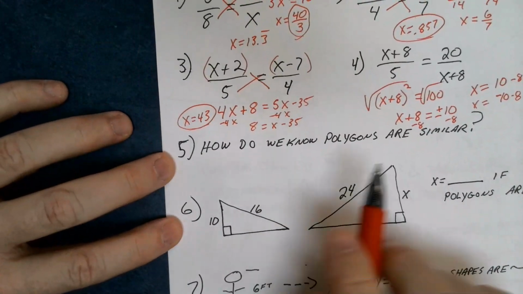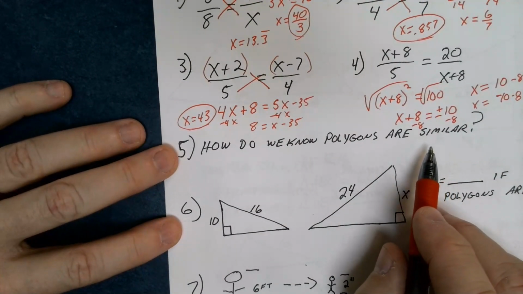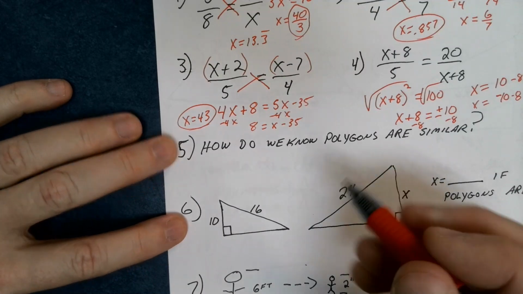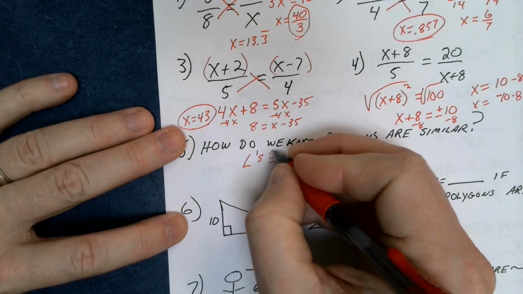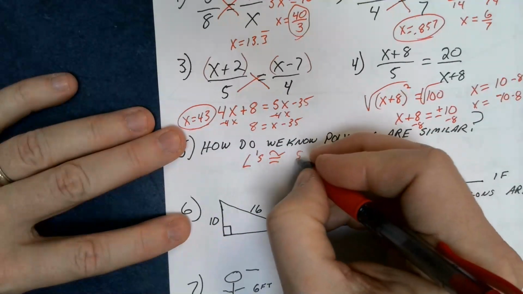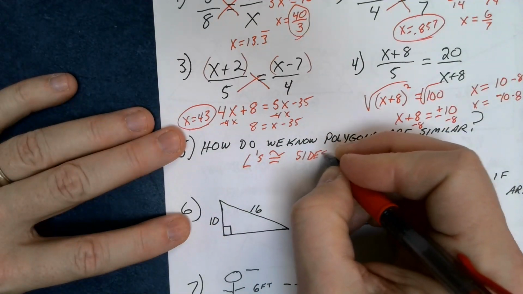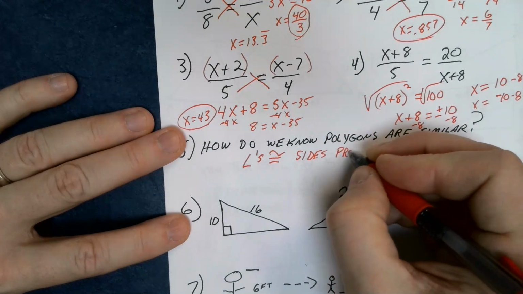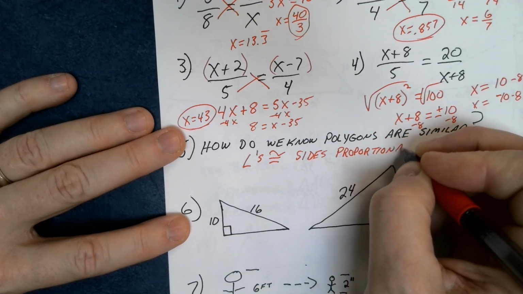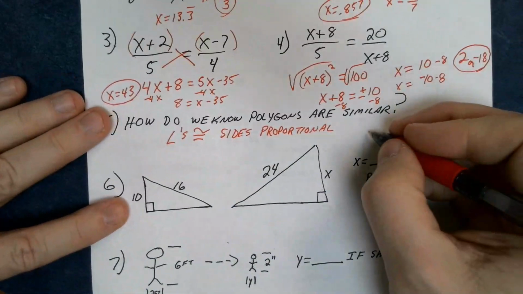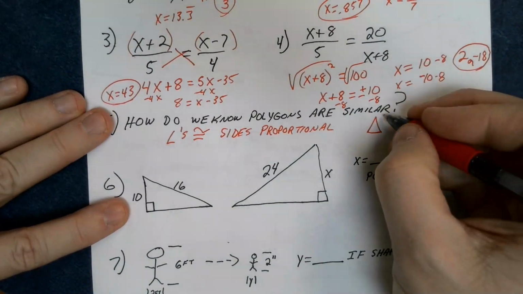How do we know polygons are similar? Polygons are similar if the angles are congruent and their sides are proportional. Now, as we talked about in this class, there are several specific ones for triangles.